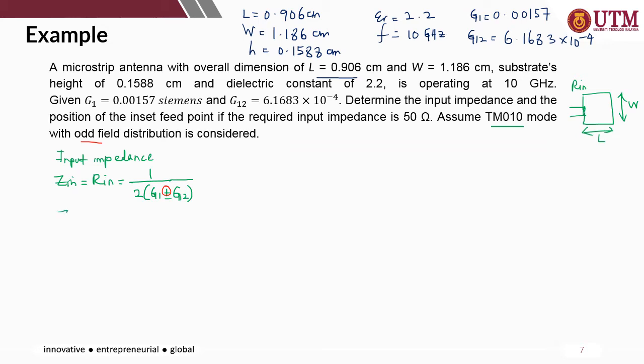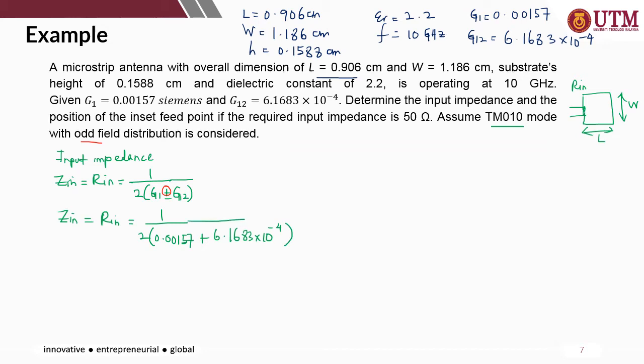So in this case, the Z in is equal to R in equal to 1 over 2 times your G1, which is 0.00157, plus the G12, 1.1683 times 10 to the power of minus 4.